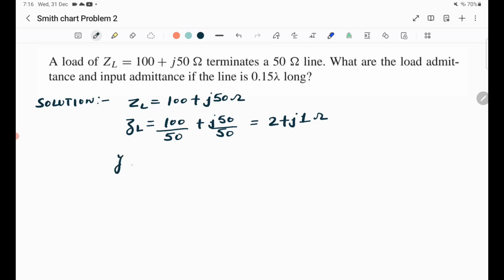Now the normalized load admittance, which is the inverse of the normalized load impedance, we can write as 1 over 2 plus j1.